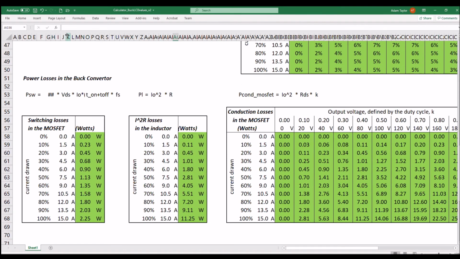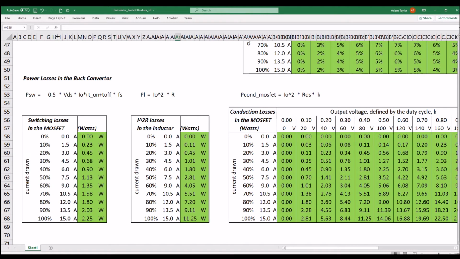So the switching losses in the MOSFET can be found as the product of half times the drain to source voltage times the current through it times the total turn on and turn off times times the switching frequency. I'm not going to go through the derivation of these equations, just take it that they exist.